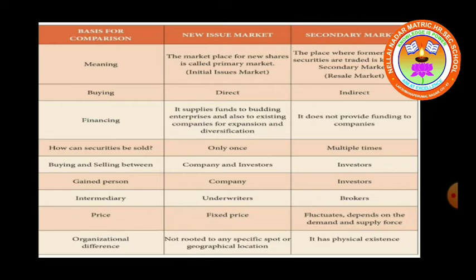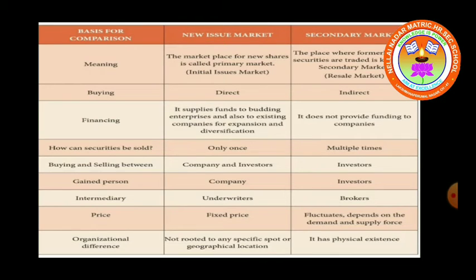Price: in the new issue market, it is a fixed price. In the secondary market, it fluctuates depending on demand and supply forces, which means it will increase or decrease depending upon that demand.